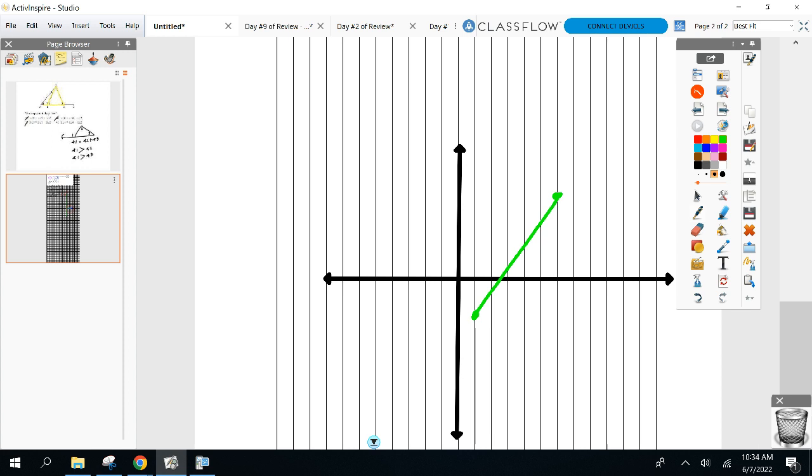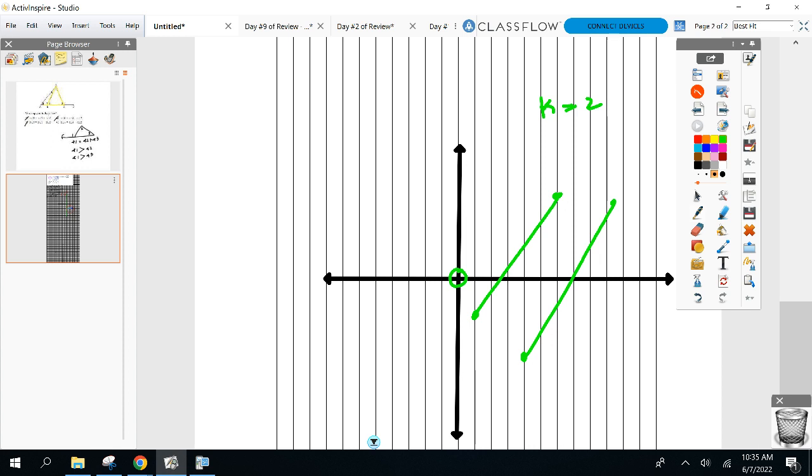Lines can't do that. They go on forever. What happens? Say we're dilating around the origin, they either get closer or further away. Say I'm doing a scale factor of 2. That just means this line is going to get twice as far away.